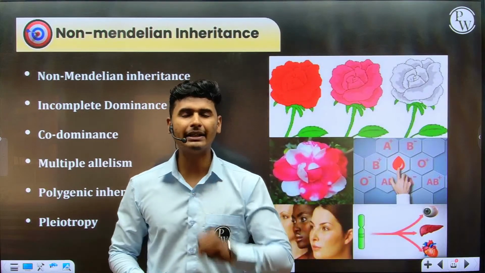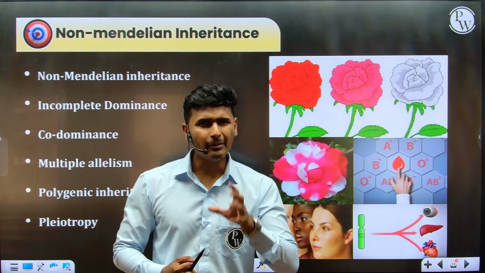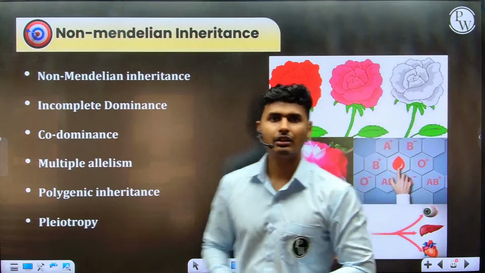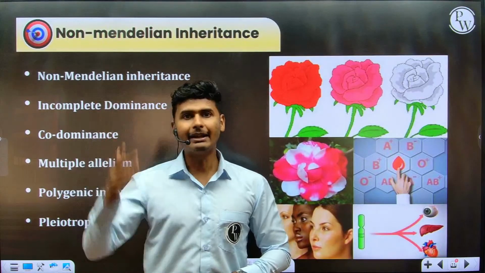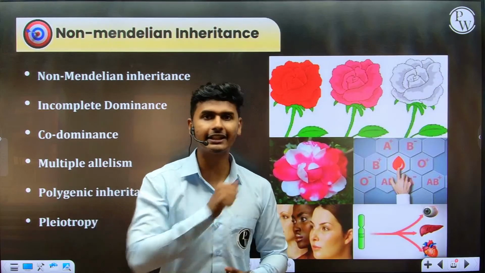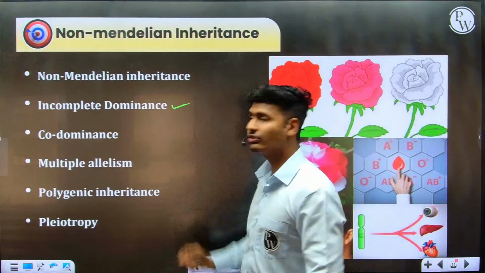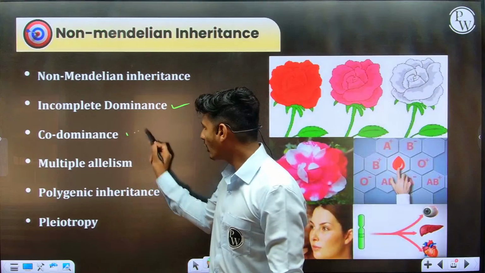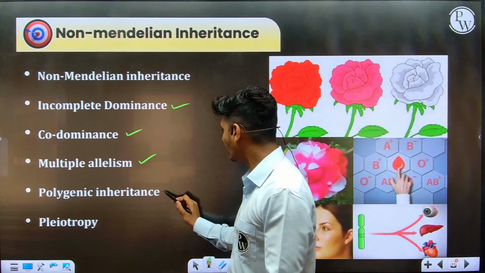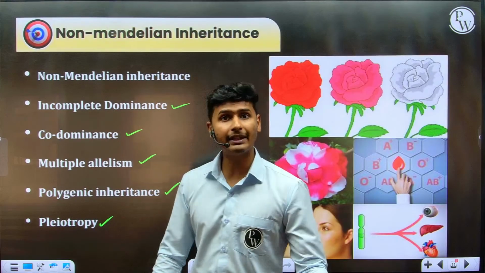Now, what exactly is non-Mendelian inheritance? Non-Mendelian inheritance or deviation covers points which were not studied or not taken into consideration at the time of Mendel's experiment. Incomplete dominance and codominance break the law of dominance, multiple alleles break Mendel's law, polygenic inheritance breaks the law of independent assortment, and pleiotropy also breaks a law.